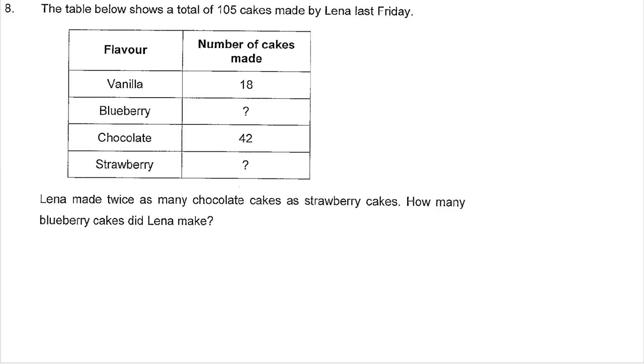Number 8, you have a table that shows a total of 105 cakes made by Lena last Friday. With some little short notes, like how we do it for science, you can write down short notes to remind yourself. The problem is there are 2 question marks, which you don't know the numbers. There are clues to help you.